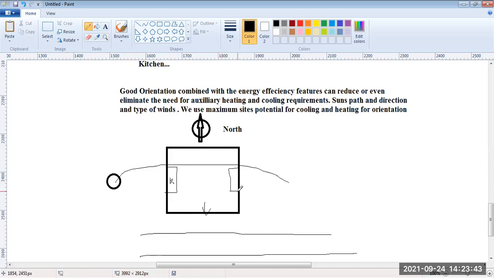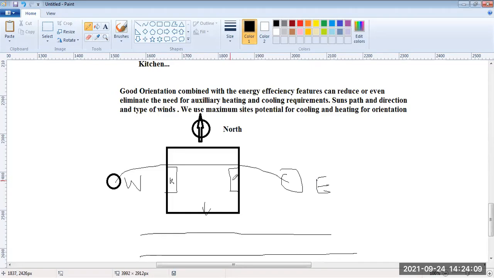So you want kitchen spaces to be here. This is east, this is west, this is south. I'm using the opposite. This is east, this is west.